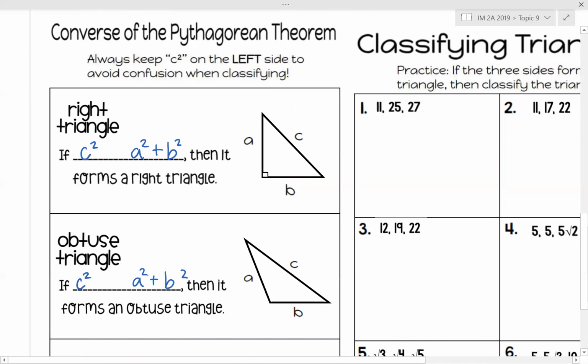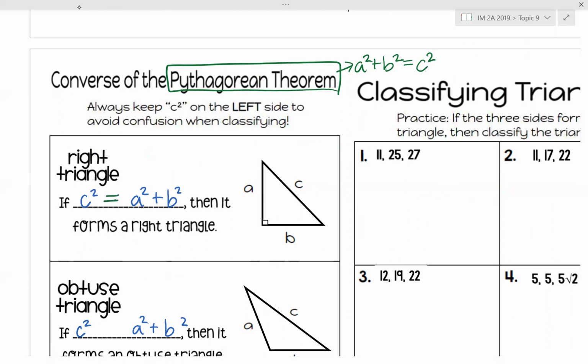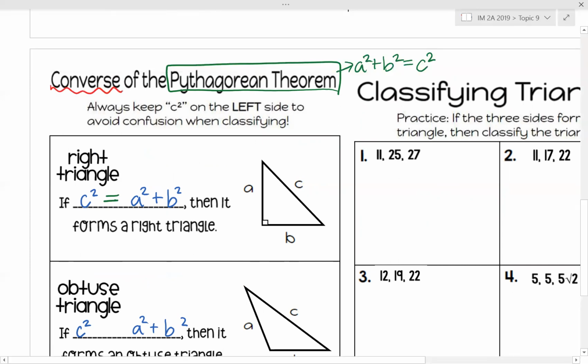The Pythagorean theorem tells us that A squared plus B squared equals C squared. If a triangle is a right triangle, C squared has to be equal to A squared plus B squared. What the converse states is that if A squared plus B squared equals C squared, then we have a right triangle.